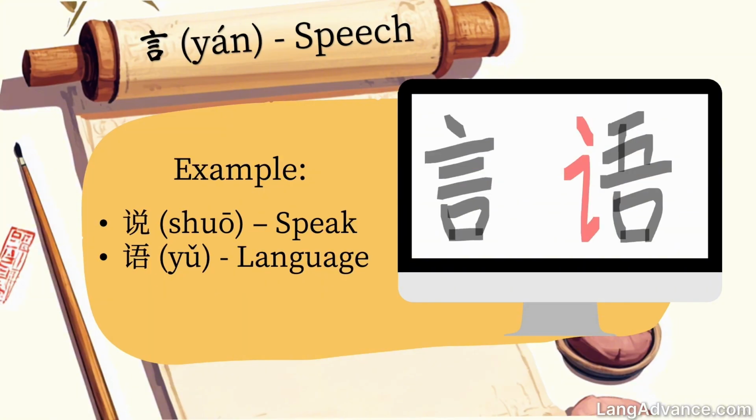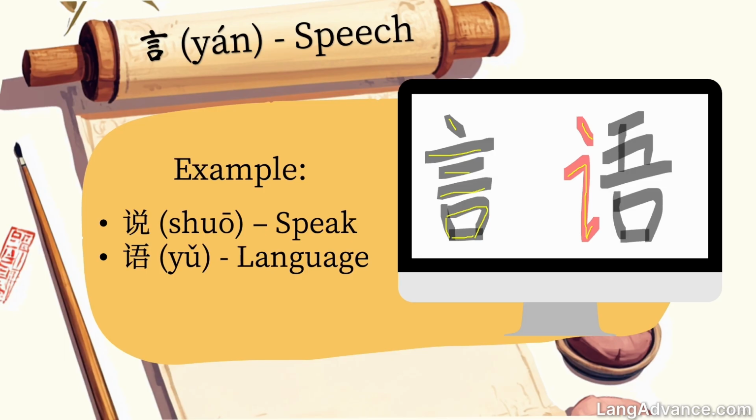Yan, which is speech. Now, did you notice when we are writing the radical form, all of a sudden, instead of this one line, two line, three line, and the box, it has become this one dot and this easy method, one line down and hook up. That is because we are turning the yan into a simplified version. And please note, all our lessons are in simplified Chinese.